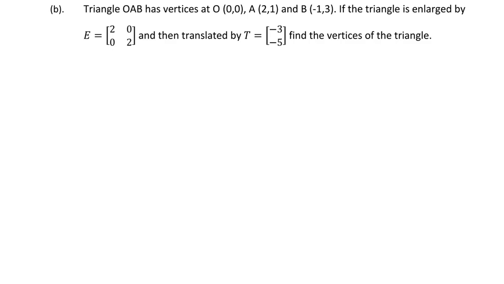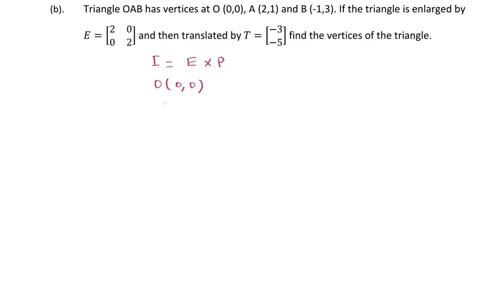Okay, so for this one, we are going to start by enlargement transformation, of which from relation we say image equals to enlargement matrix times point. So we are going to start with point O with 0, 0.